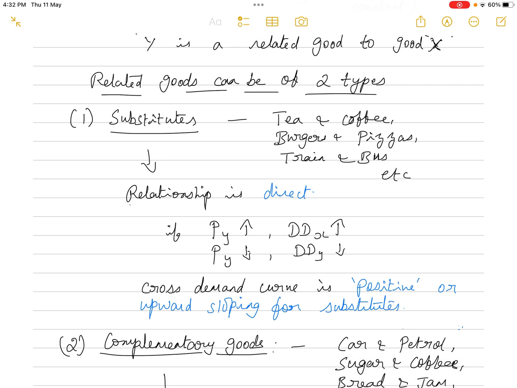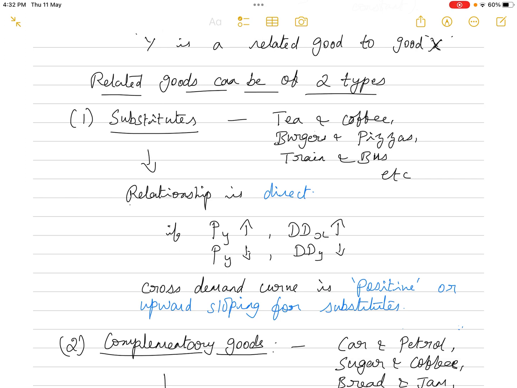You can replace commodity X with commodity Y. Those types of commodities are called substitute commodities. I have given some examples here: tea and coffee, burgers and pizzas, train and bus, etc.